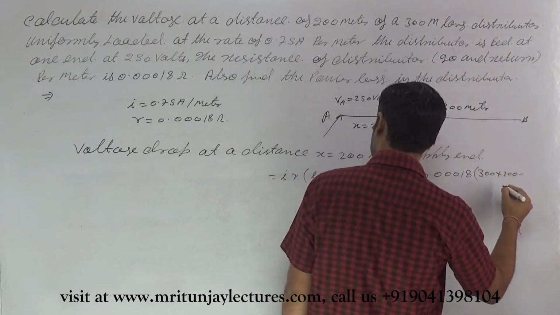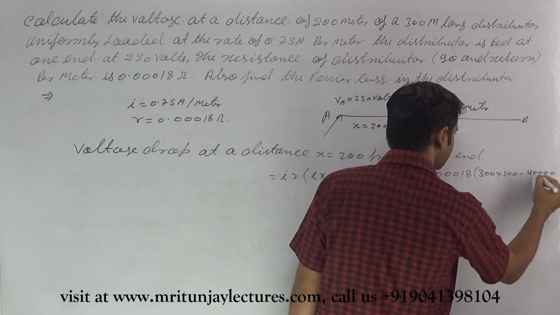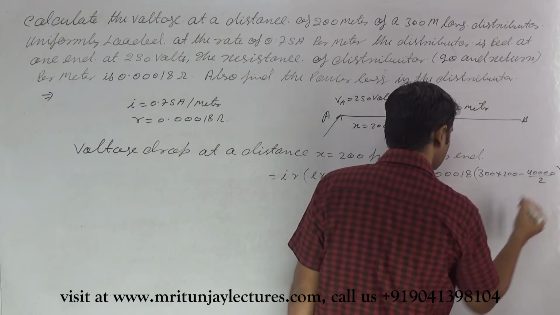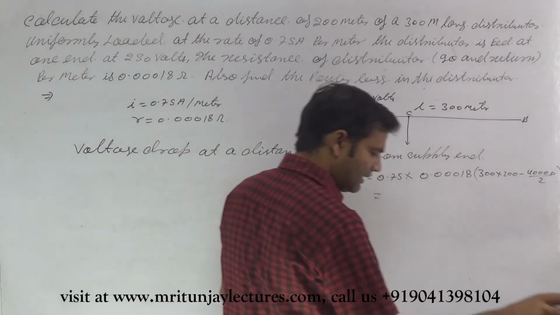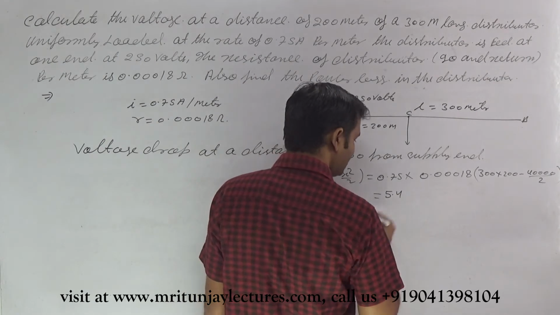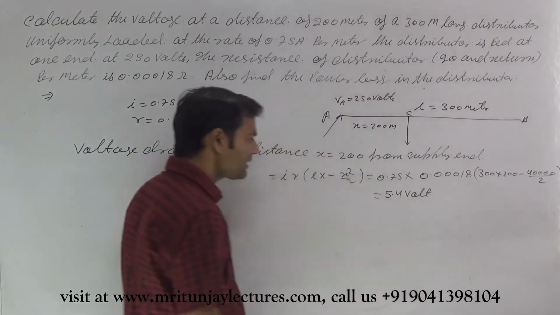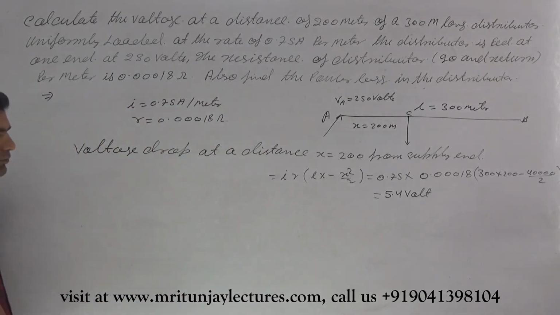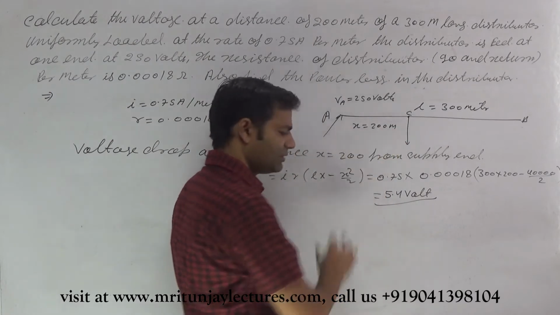Okay, minus x square, that is 40000 divided by 2. Okay, so if multiply by this one we got near about 5.4 volt. Okay, I have already done it, that's why that is 5.4 volt. Clear? Voltage drop corresponding to this one.